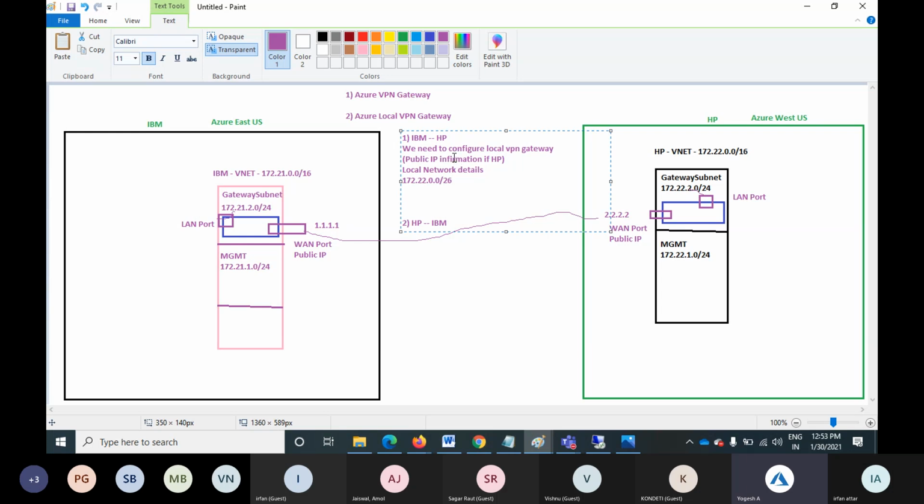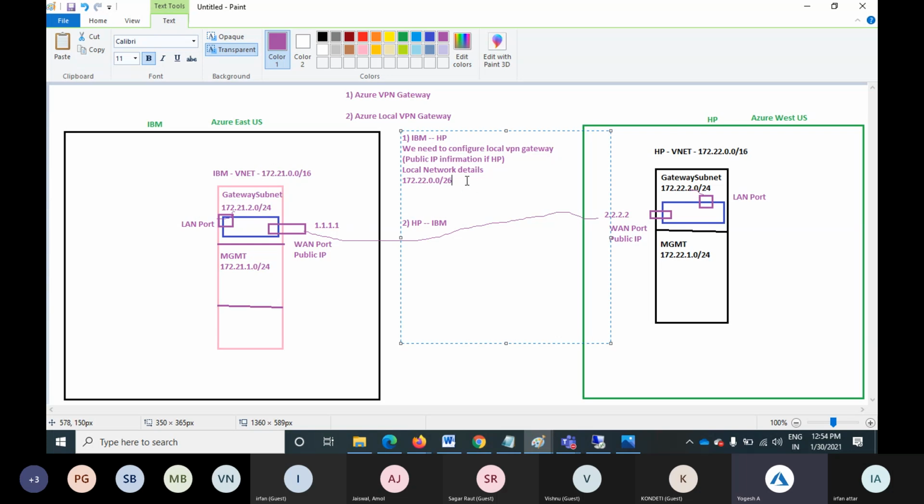Once you configure the public IP of HP and the local network of HP, then you can have the connection between your IBM to HP. The same thing you need to do when you create a connection from HP to IBM. You need to provide all the details from the IBM side, the public IP and the local network detail as well.